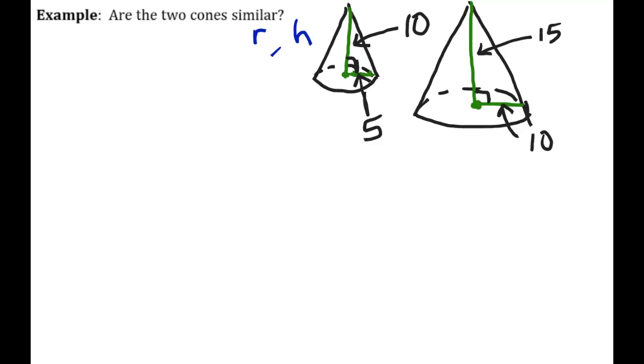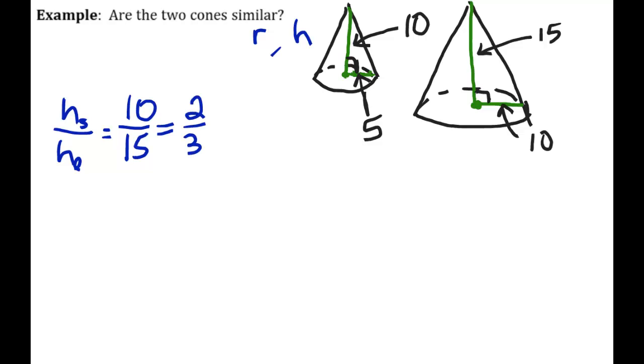The ratio of the height of the smaller one over the height of the larger one: the height of the smaller one is 10, and the height or altitude of the bigger one is 15. So 10 over 15 reduces to 2 over 3.